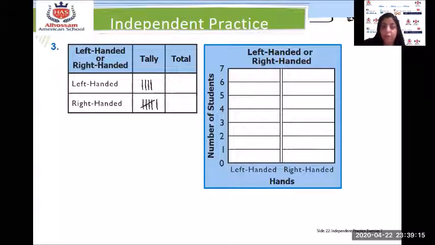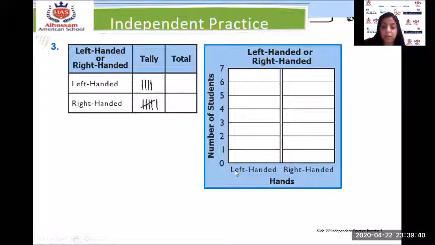It's not horizontal. All right. This is for surveying left-handed and right-handed. Left-handed 4, right-handed 6. So how can I answer this?